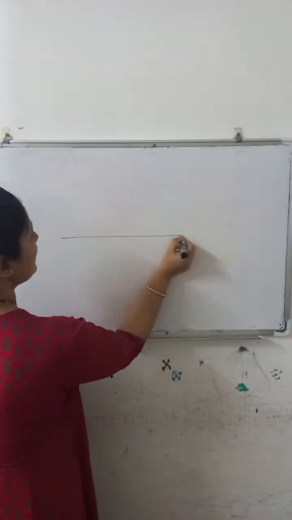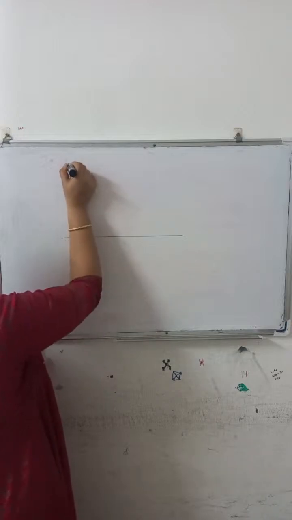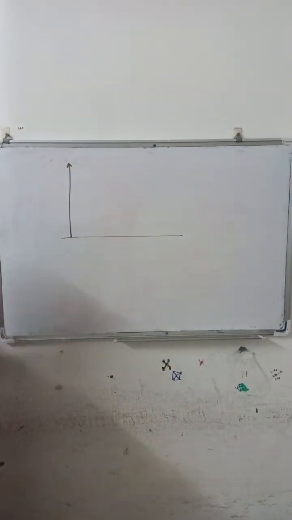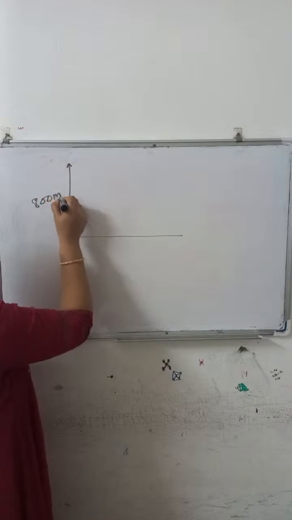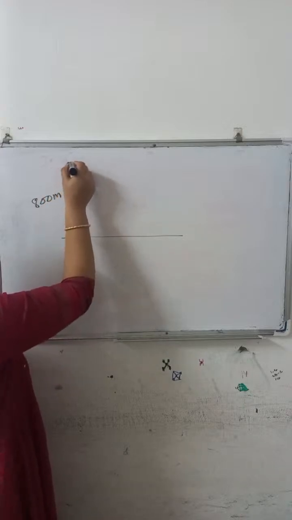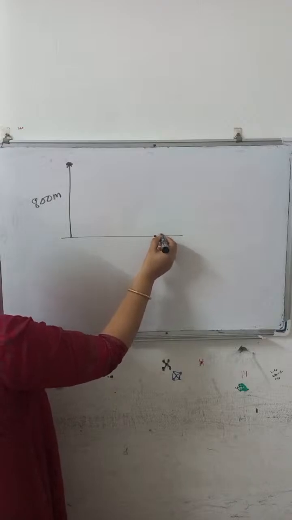So here according to this question I will try to draw the diagram. That minar is on this surface. This is minar, and this minar is 800 meter. And from the top here the observer observes some yacht.